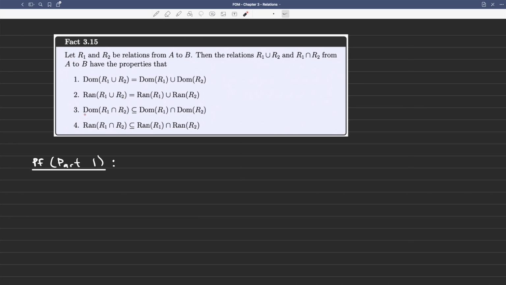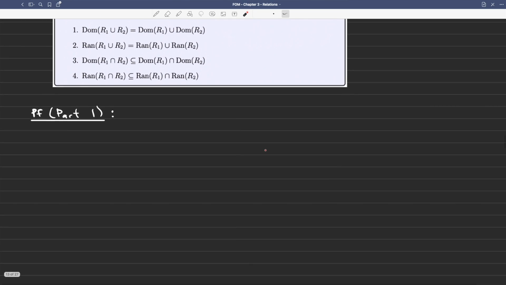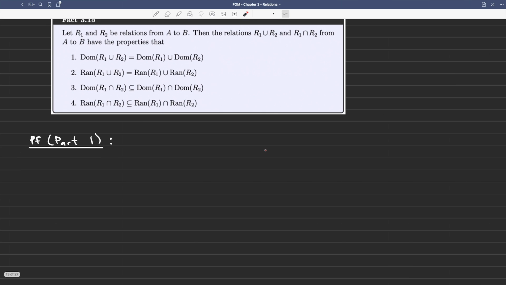If you first intersect the two relations and then take the domain, all you can say is that that result is a subset of the intersection of the individual domains. And similarly for range. So what I think I'll do here is prove part 1, and the other ones are pretty similar, and I'll leave those as exercises. Maybe those will appear as homework exercises.